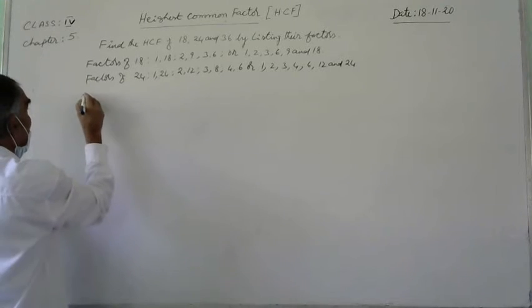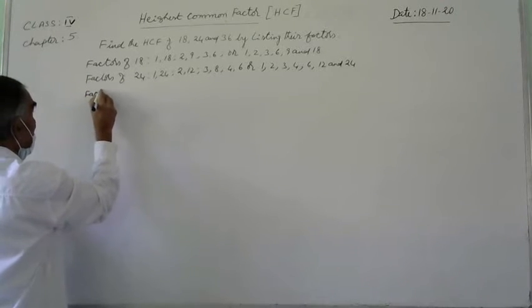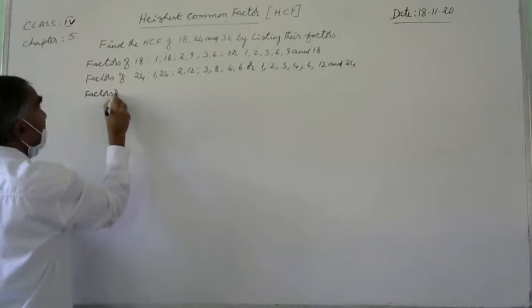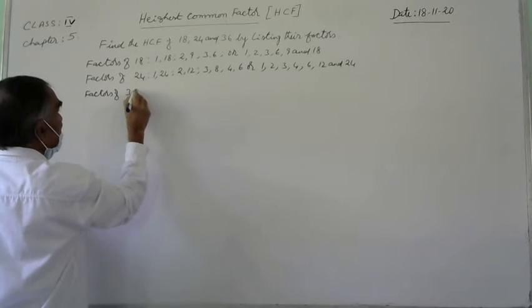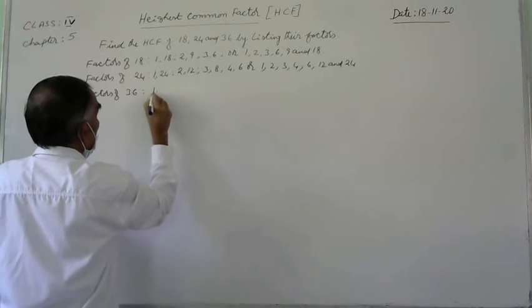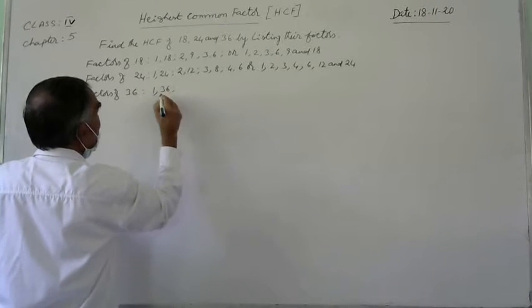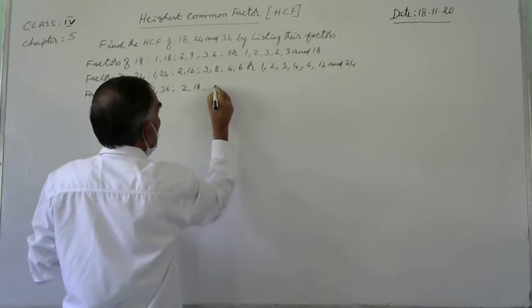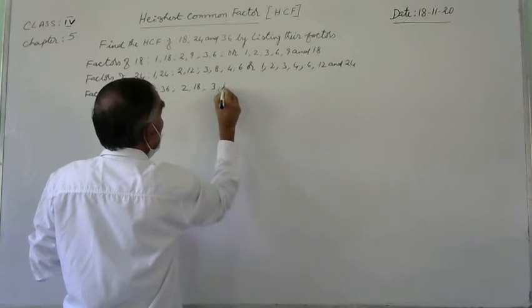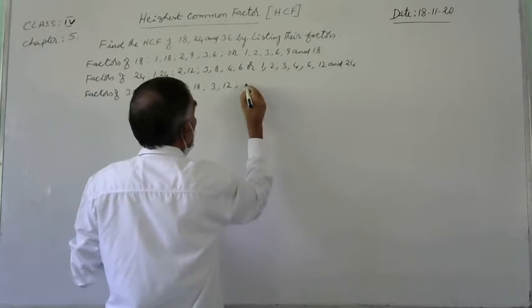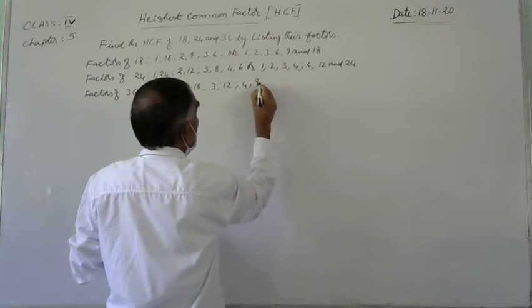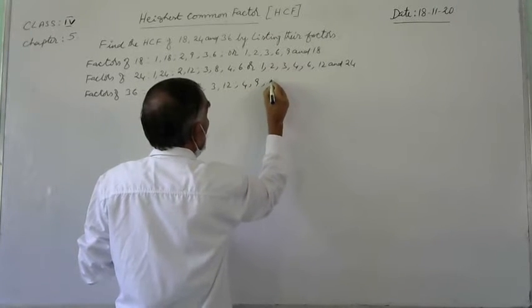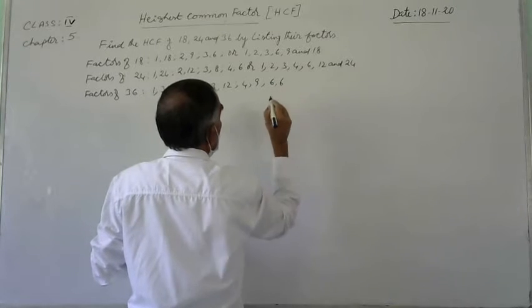In that way, you list the factors. Factors of, what is the next number? 36. Here, 1 36s are 36, 2 18s are 36, 3 12s are 36, 4 9s are 36, then 6 6s are 36.